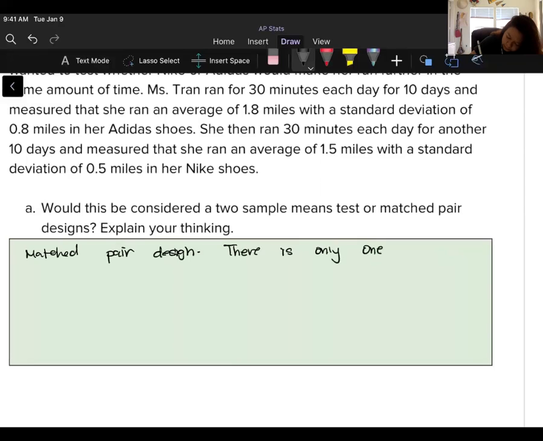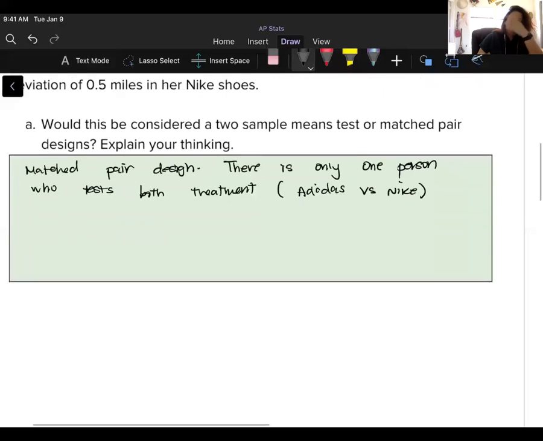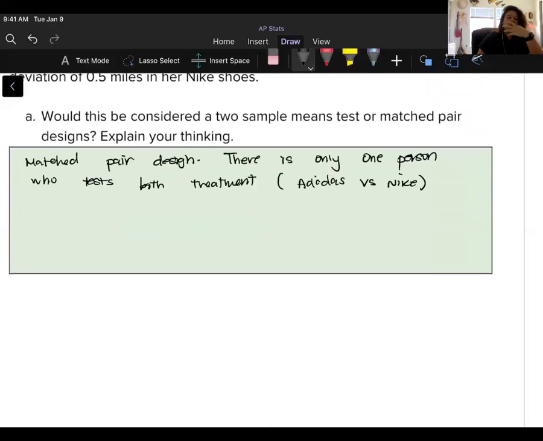So there's only one person who tests both treatments, which is the Adidas versus Nike. So if I'm doing a matched pair design, essentially I'm doing a one sample means, and I'm using that equation instead of the two sample means equation.